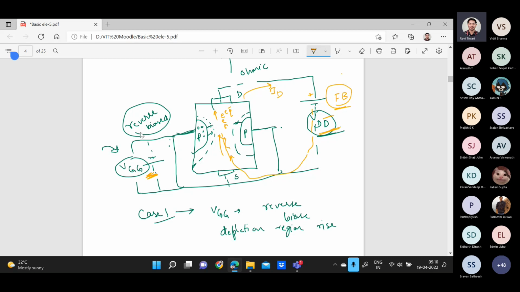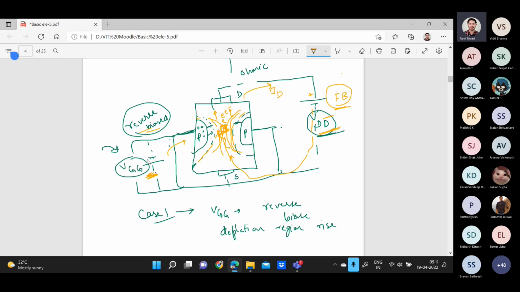And as you apply the reverse bias, this depletion region will increase, and it will restrict the flow because the channel width will reduce, right? Channel width will reduce. As you keep increasing the reverse bias, it will increase the depletion region like this. And what will happen? One pinch off condition will come where the movement of electrons will be restricted and it will not flow further.